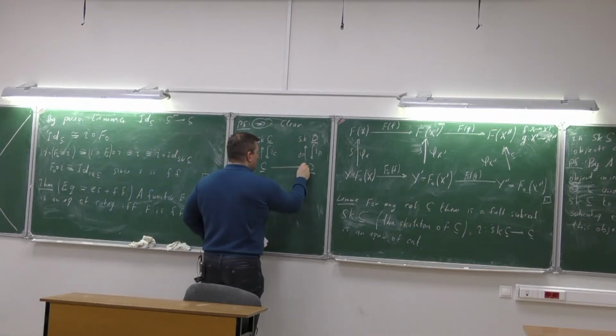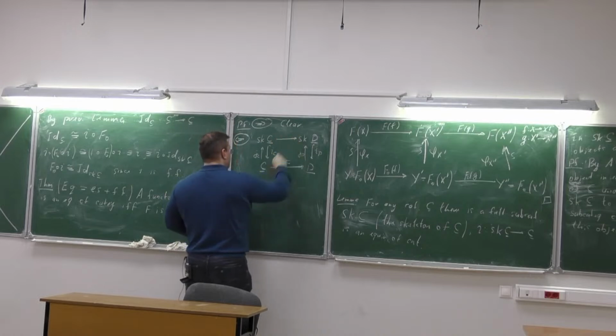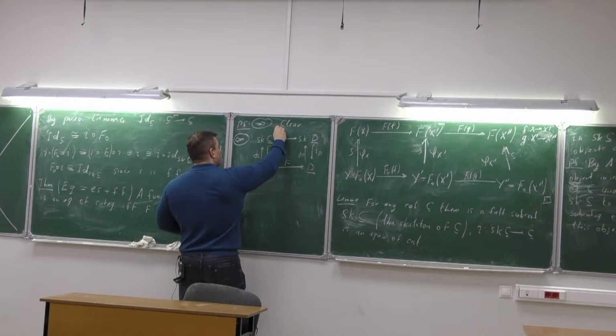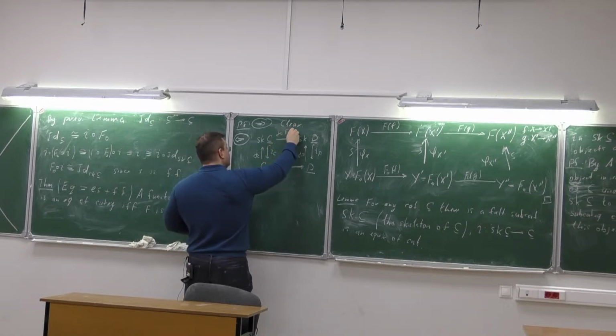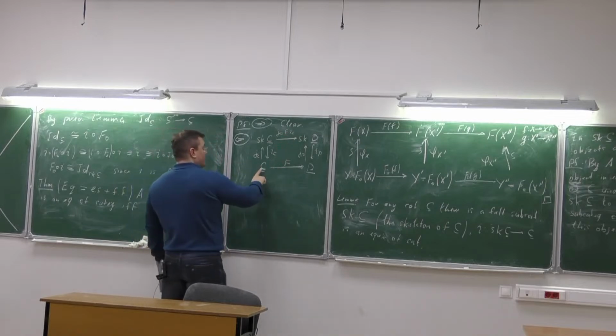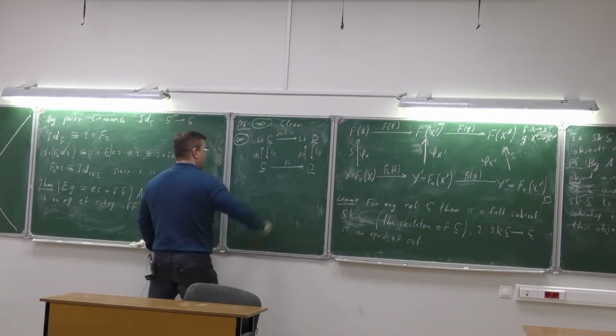Between the categories C and D there is the functor F, and finally I want to consider the composition of J sub D, F and I sub C. So that if I go using functor F, I can as well go just using the corresponding functor here.